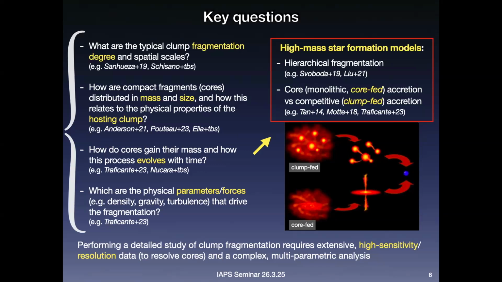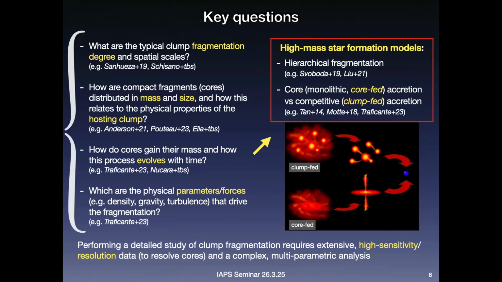The clump-fed model depicts that compact cores are formed as small seeds and then gain mass from the intraclump medium, so from the material taken from the parental cloud, and then go in a competitive way to form a single or multiple systems, while the core-fed model predicts the existence of massive cores, which are already there in terms of material present, and that collapse to form a single system. So it's more simple in this sense.